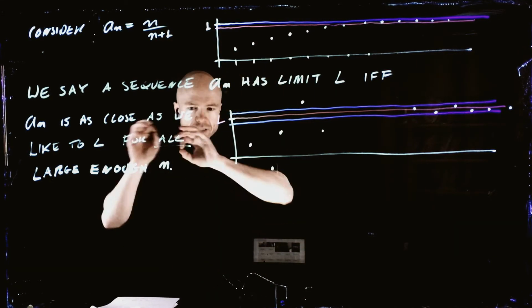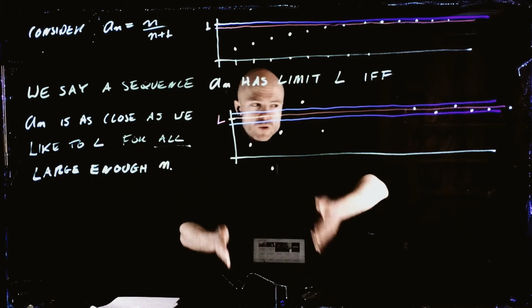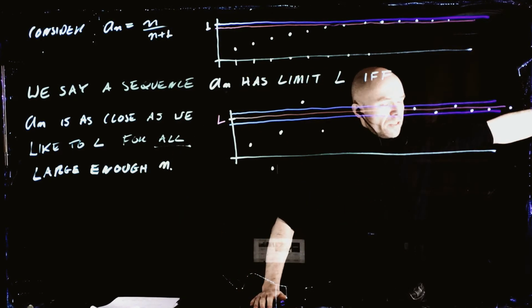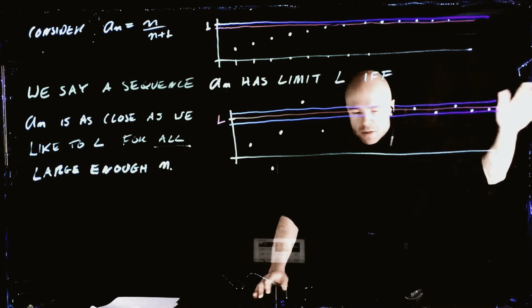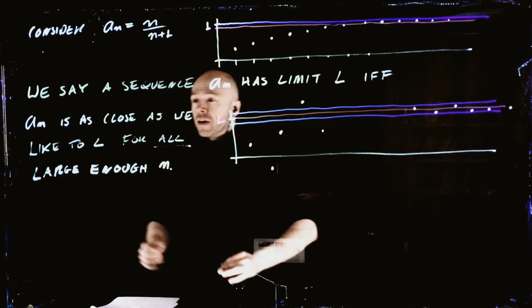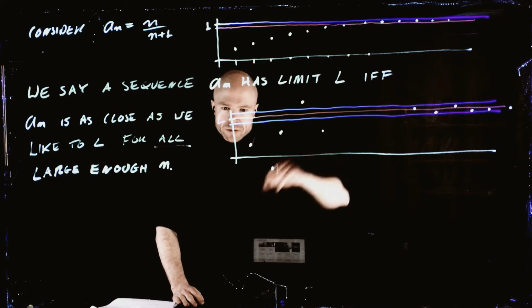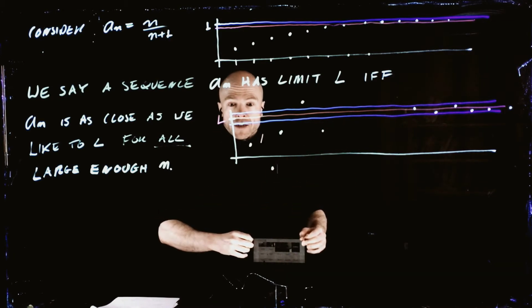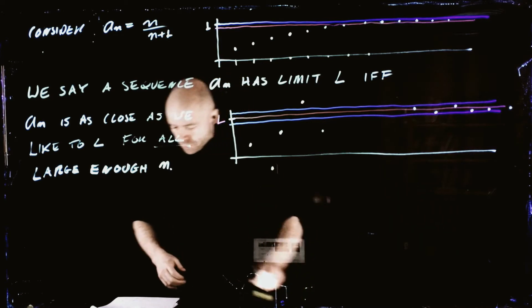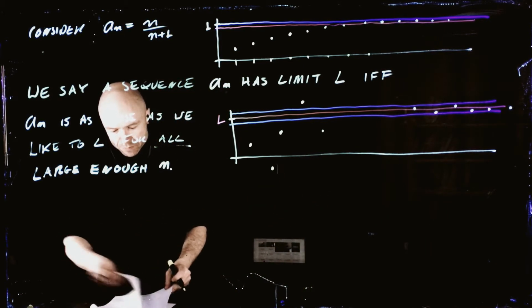You've guaranteed to get within whatever error anybody can ask you for, but you have the right to take your sequence as far enough to the right as you need for that to be true. Yeah? So it's not a trivial thing. It's quite a promise you've made to be able to do this. Yeah? But this is what the concept of limit means. It's a strong thing to say. Yeah? Okay. Let us try and figure out some examples.